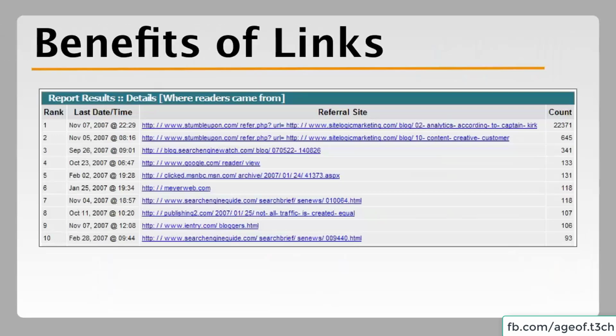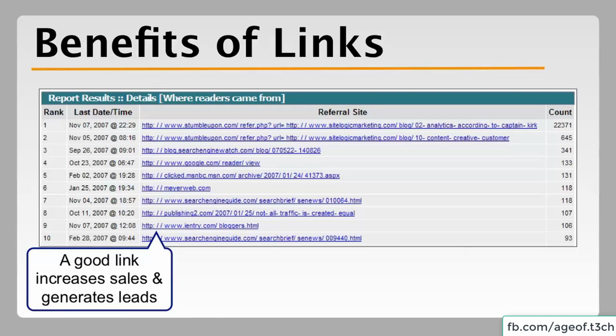So when you look at all your links, it's always very good to know what kind of business, what kind of visitors come from each link. And so you can break down your links and you can see that, well, people that come from this link tend to buy more and do more than people that come from other websites. So I know a link on this website is good for business.